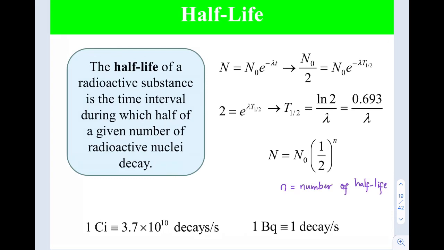And the most common unit for activity is the Curie, or it can also be expressed in becquerel. 1 becquerel is 1 decay per second. 1 Curie is equivalent to 3.7 times 10 to the power of 10 decays per second. The SI unit is actually the becquerel, 1 decay per second.